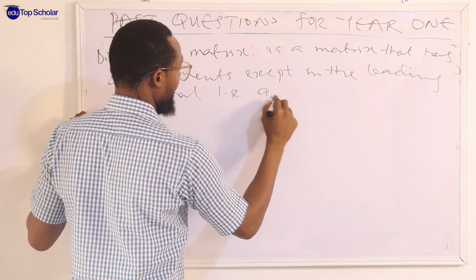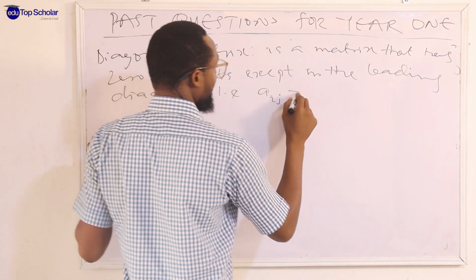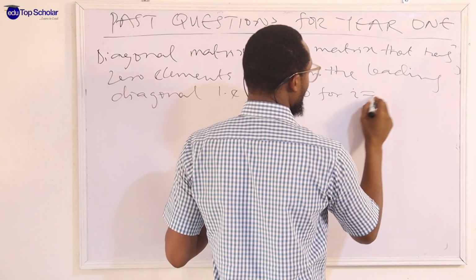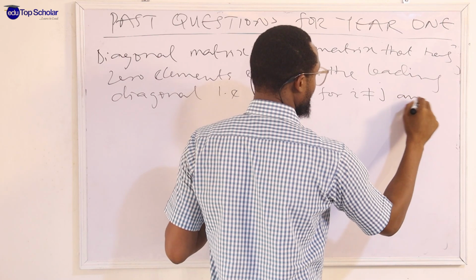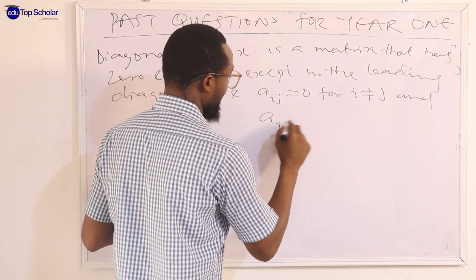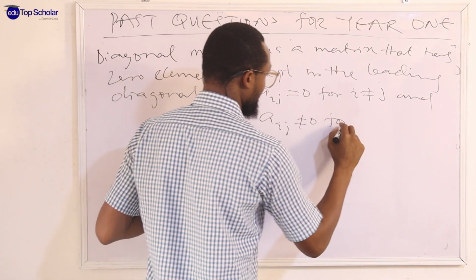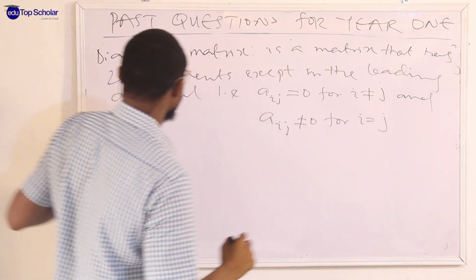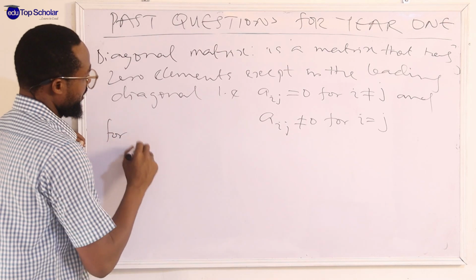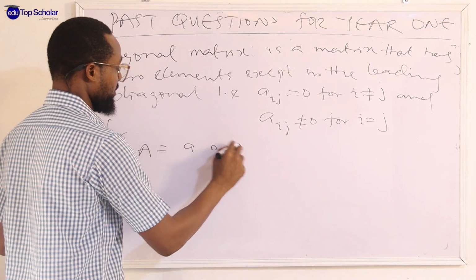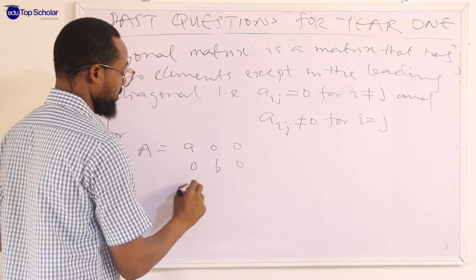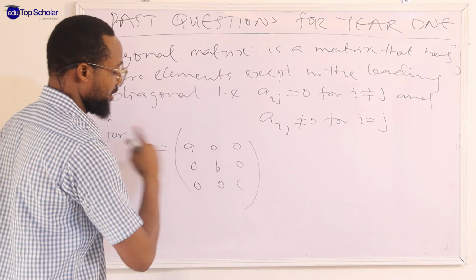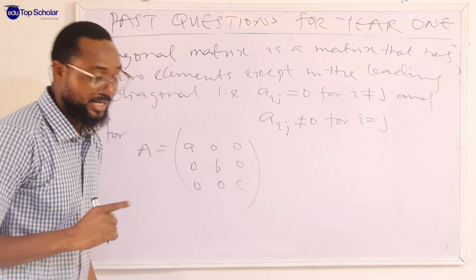That is, Aij is equal to 0 for i not equal to j, and Aij is not equal to 0 for i equal to j. For example, if we have A equals 0, 0, 0, B 0, 0, 0, C, non-zero in the diagonal. All other elements there are zeros.